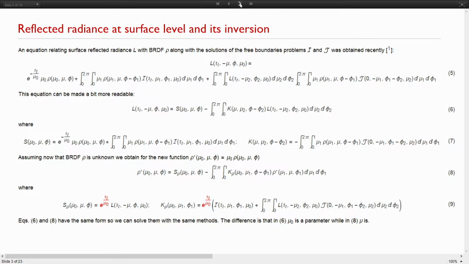I'm sorry, it is hardly readable, especially taking into account that the last term on the right is a quadruple integral. But it can be simplified to the form of 6. So this is an integral equation, a Fredholm integral equation of the second kind, where the source function S and kernel K are given with expression 7.